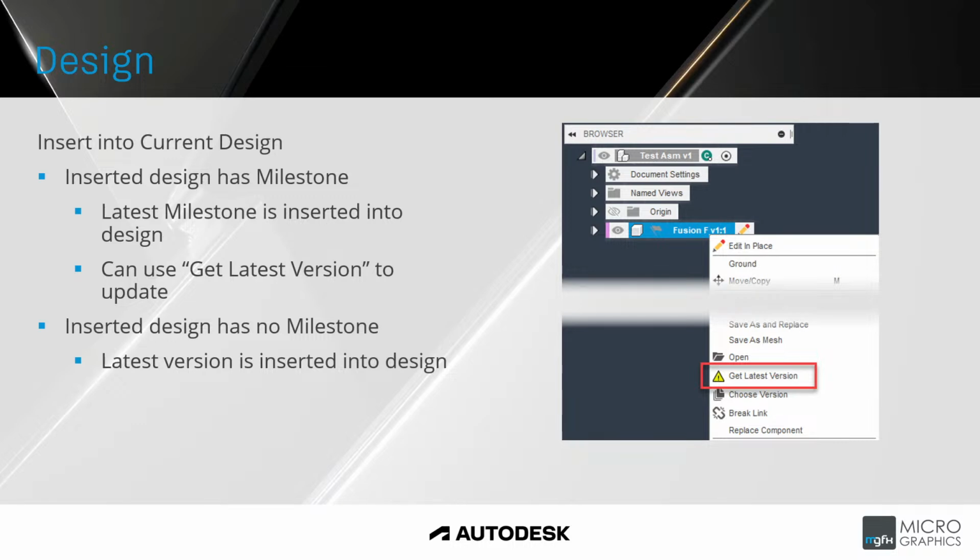Then you can choose to get latest, and that will update that file to the latest version within the design. So this makes use of milestones. What if you do not have that milestone? If there is no milestone for that design, it will just insert the latest version into your design.